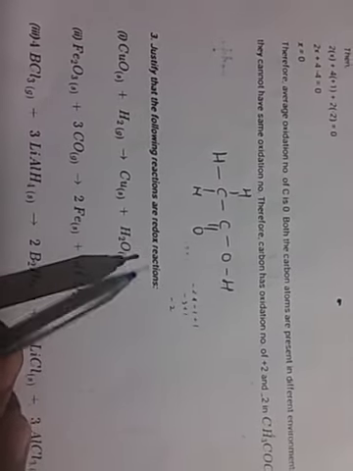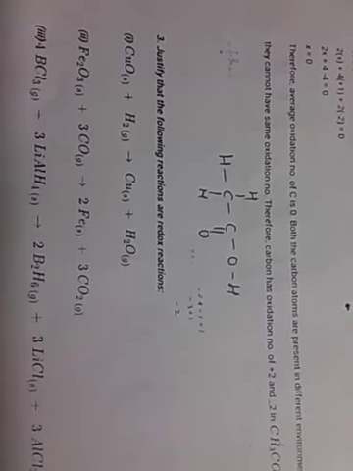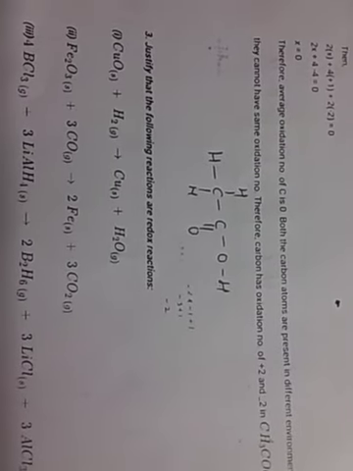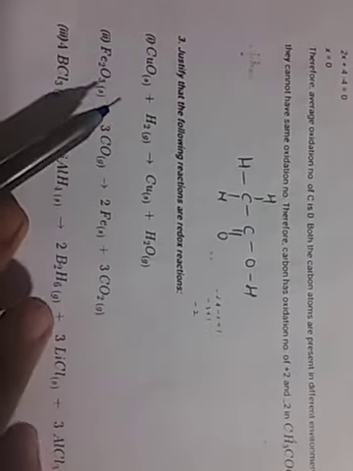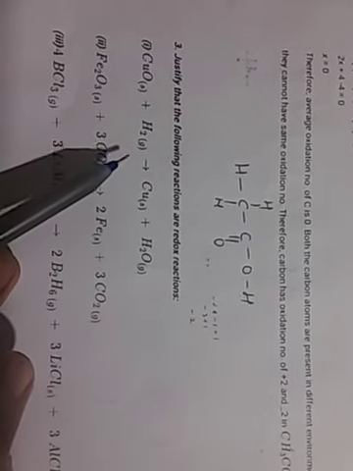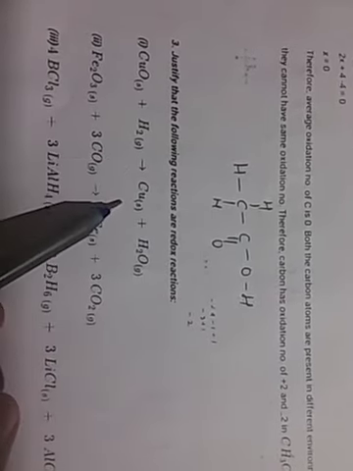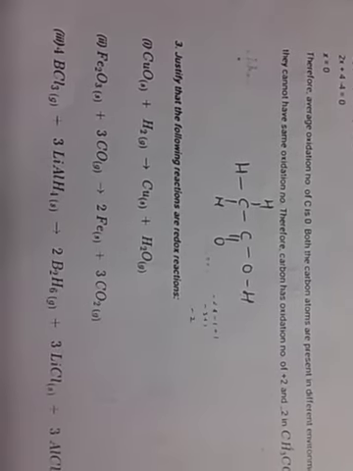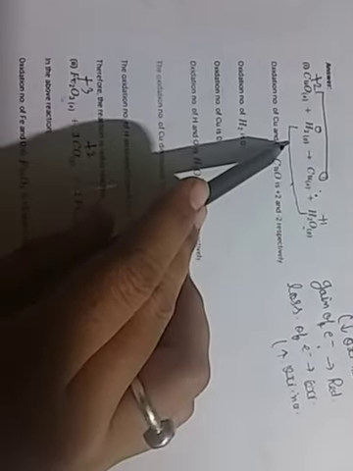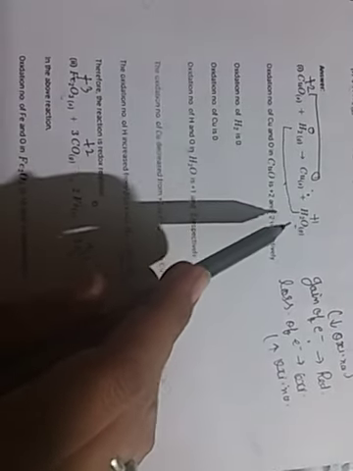Then question number 3: justify that the following reactions are redox reactions. So first example: CuO plus H2 gas converts into copper solid and H2O gas. But first, you already know about redox reactions.